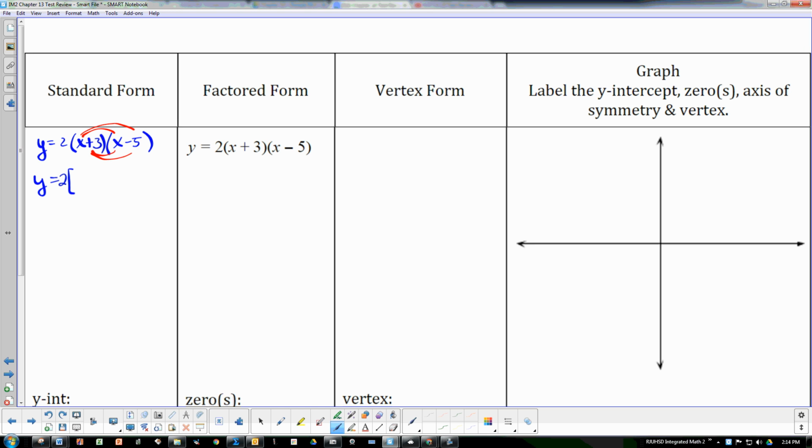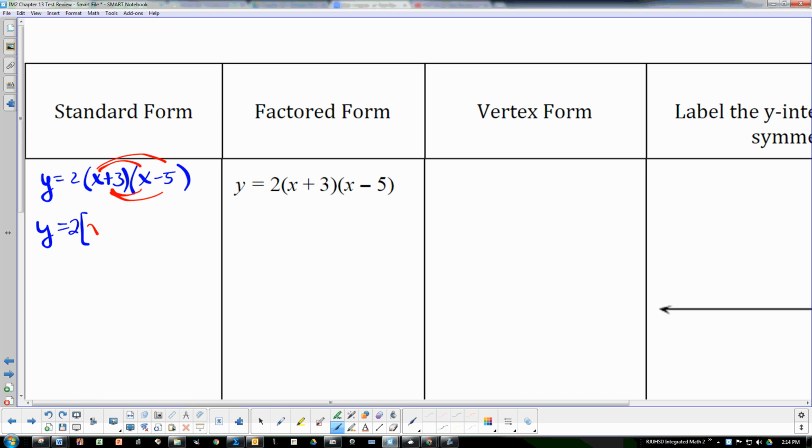So let's do that. This is going to be x squared minus 5x plus 3x minus 15. Here's what we have. We have y is equal to 2. And let's combine some like terms here. This is going to be x squared minus 2x and minus 15.